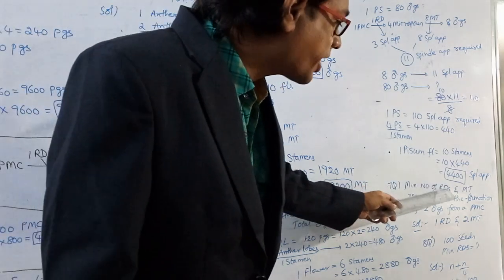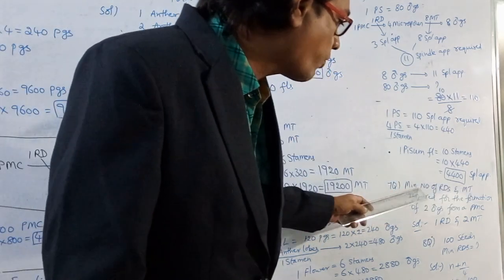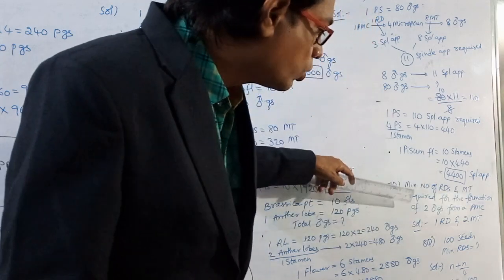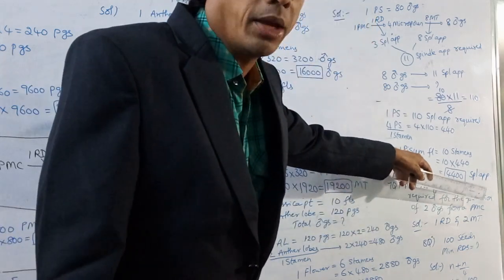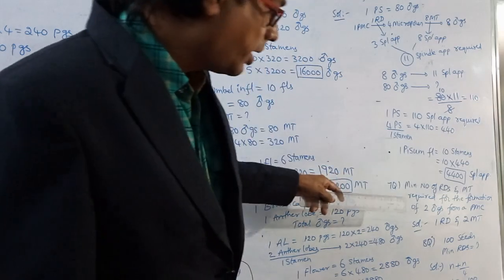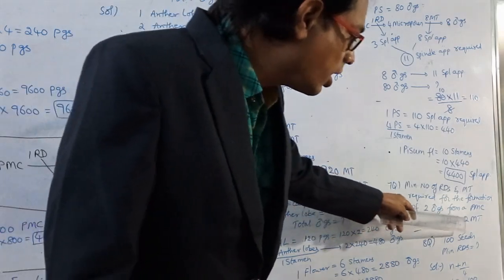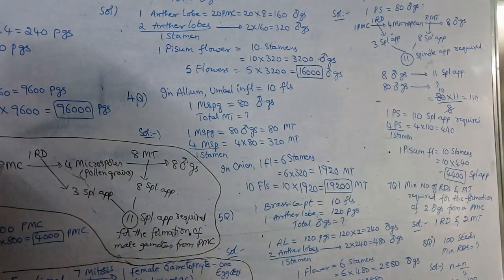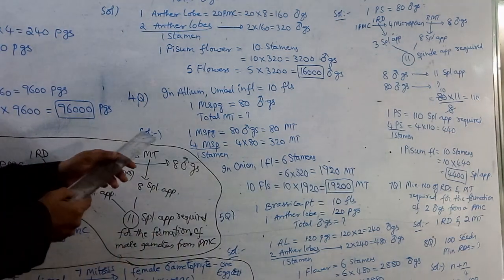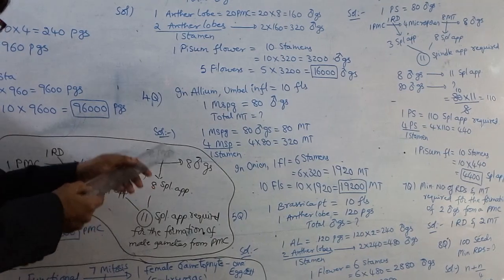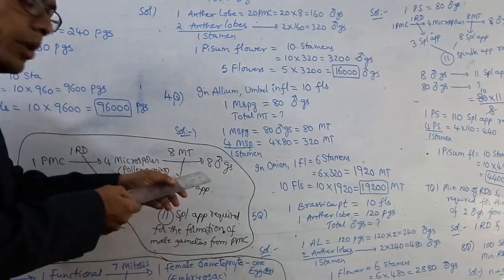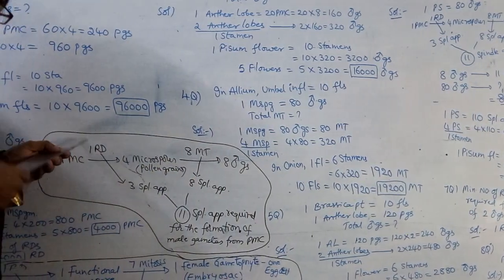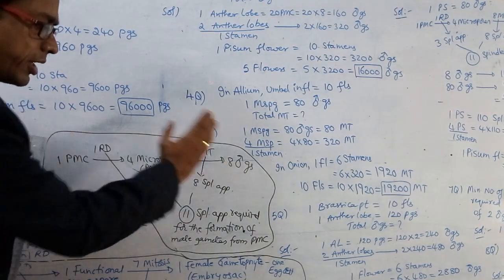Minimum number of reduction divisions and mitosis required for the formation of 2 male gametes from a PMC, pollen mother cell. That is 1 reduction division and 2 mitosis. How can we calculate? See, 1 PMC will produce 2 male gametes or 4 male gametes or 6 male gametes or up to 8 gametes. How many reduction divisions are required? One reduction division, up to 8.